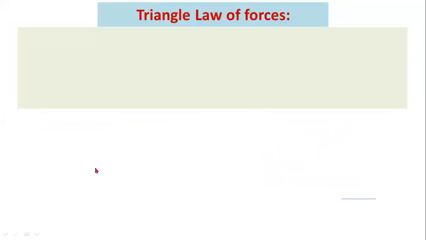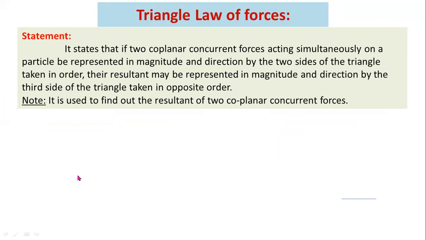And the second method is the triangle law of forces. This is the statement for the triangle law of forces. It states that if two coplanar concurrent forces acting simultaneously on a particle are represented in magnitude and direction by the two sides of a triangle taken in order, their resultant may be represented in magnitude and direction by the third side of the triangle taken in opposite order.